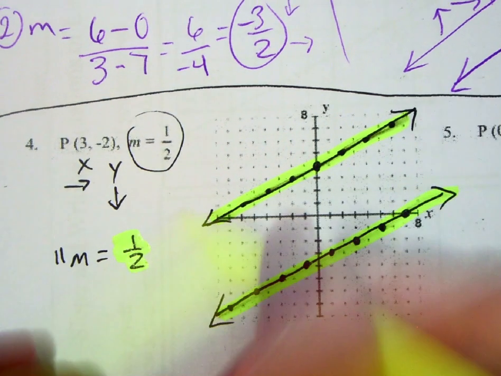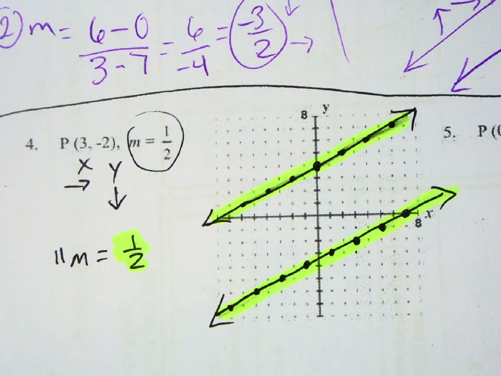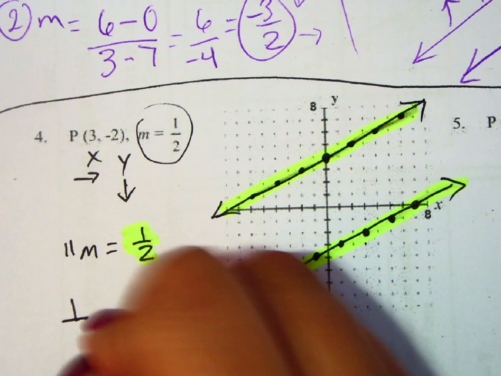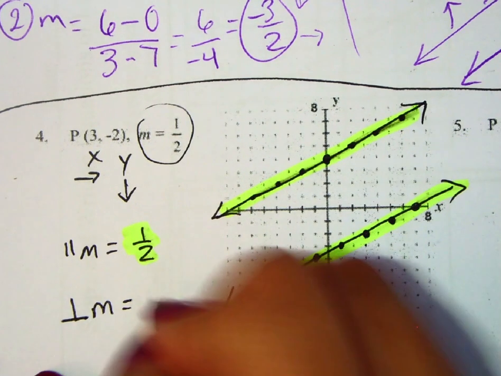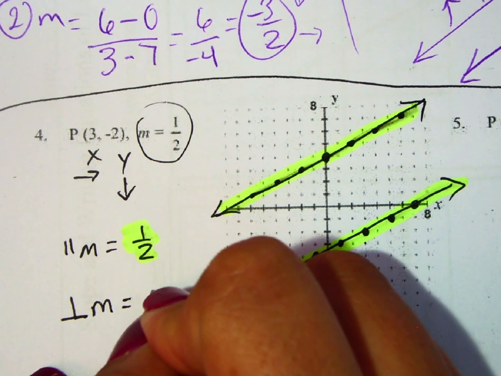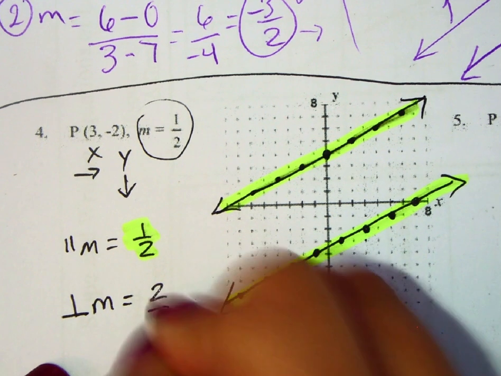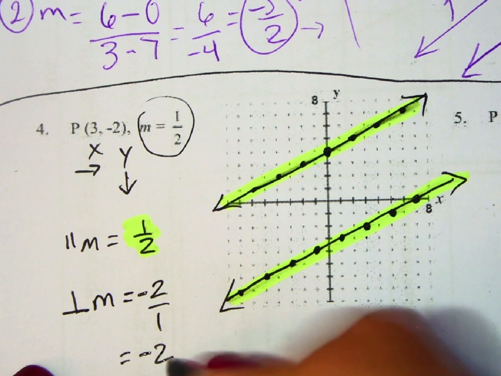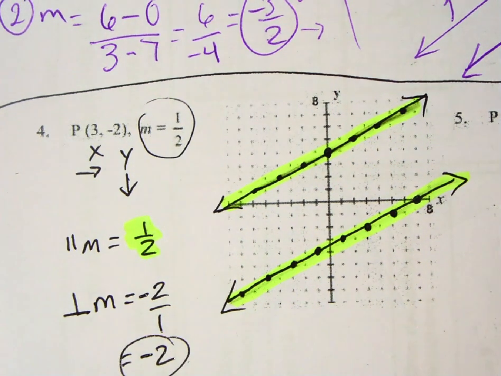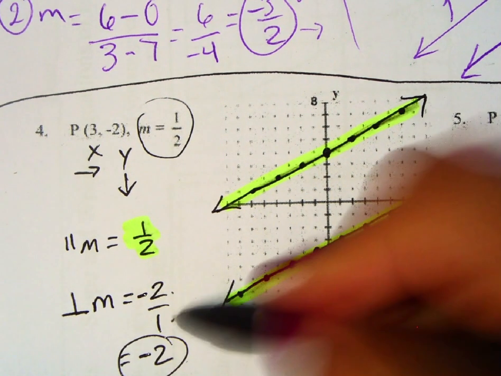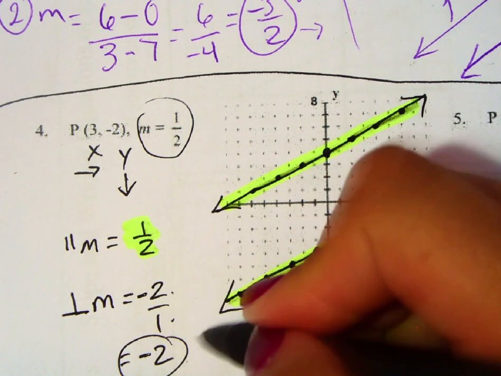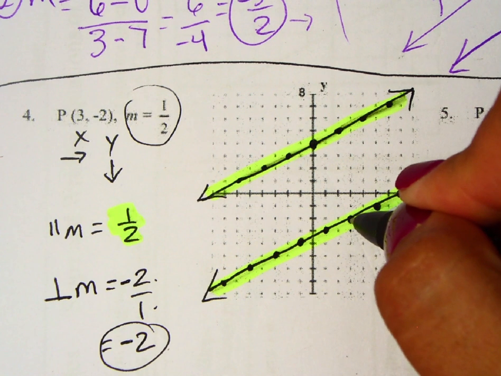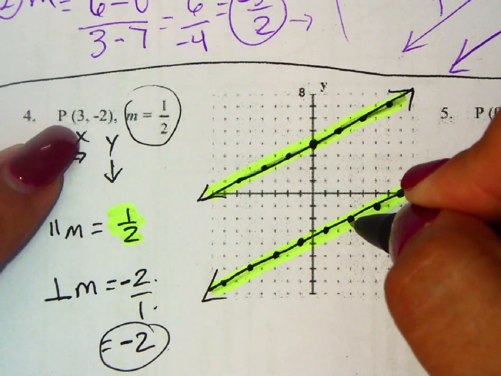And now let's do the perpendicular slope. So the symbol for perpendicular, remember, is the upside down T. And that will be flipping this, so 2 over 1 and negative. And this simplifies to negative 2. But when we graph it, we do want it in a fraction because this tells us a rise over a run. So being this the original line, we're going to drop down 2 from the point given, 3, negative 2.